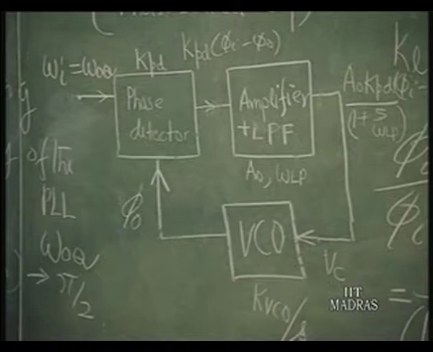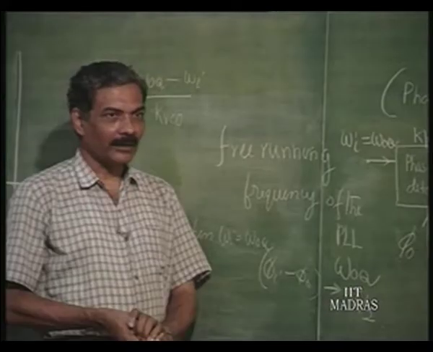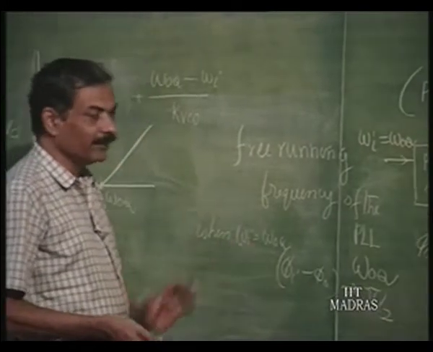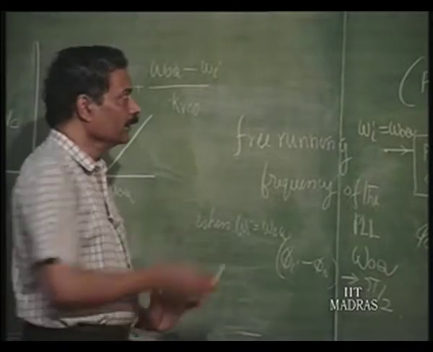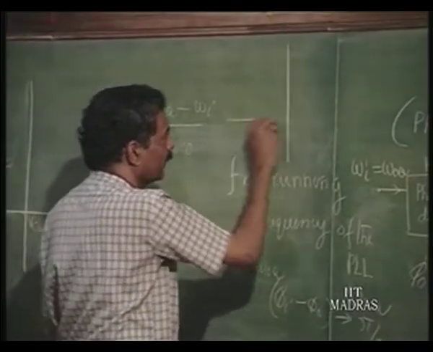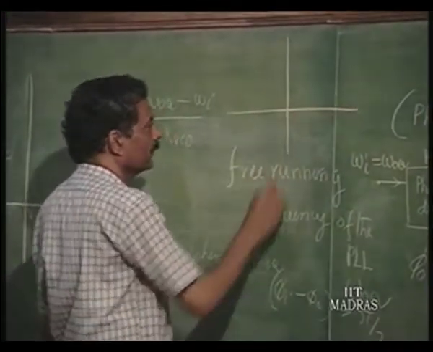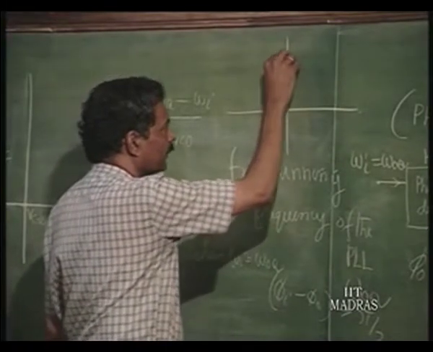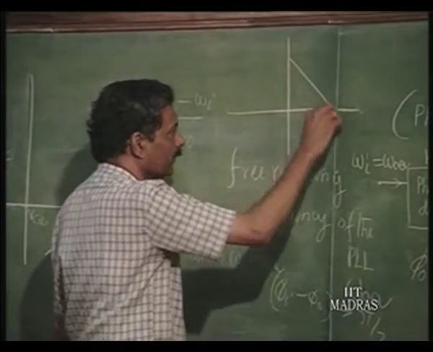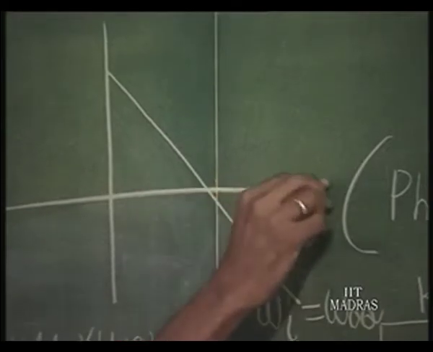This can go on until, let us say, ours is a linear phase detector. If we assume that ours is a linear phase detector with this kind of characteristic that we had earlier found out, maybe something like this.